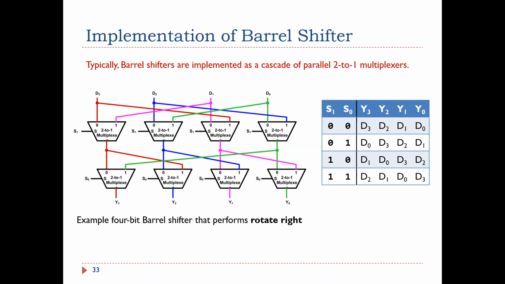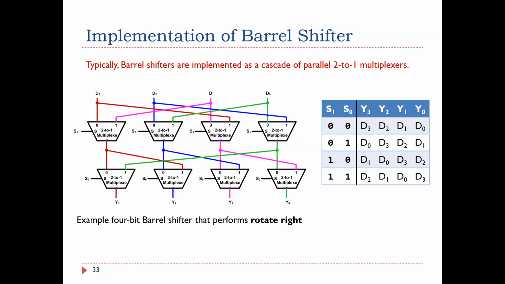The original rotate right barrel shifter is 32 bits, but for simplicity, we are looking here at a 4-bit barrel shifter.